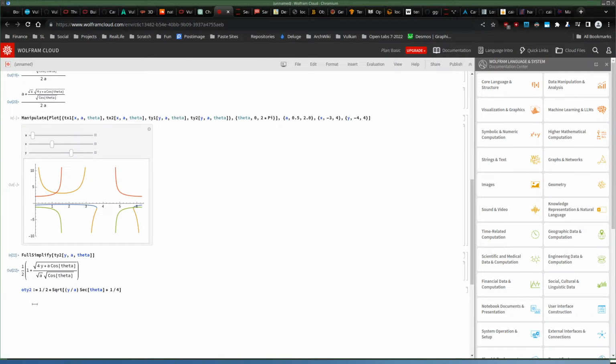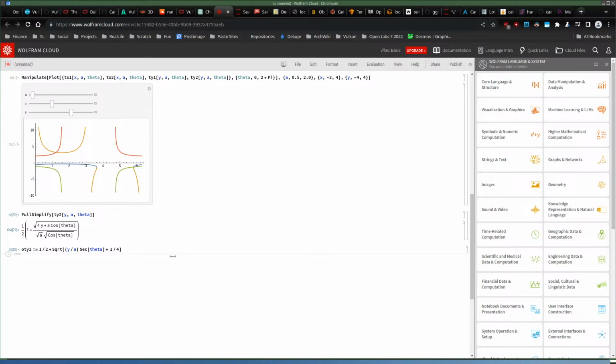Yep, we divided by a, divided by cosine, and I divided by 4, all under the root. And then I typed shift enter and nothing happens. Okay, OTY2, okay, got there. Yep, I guess that's what I did. Typed it, whatever.